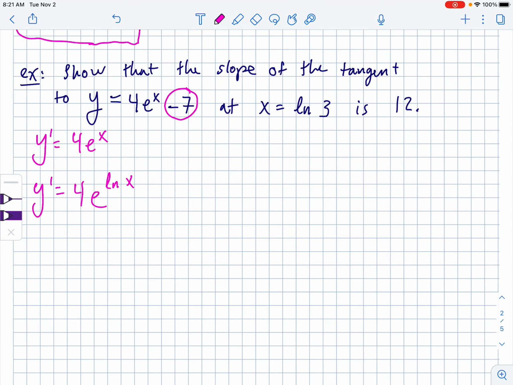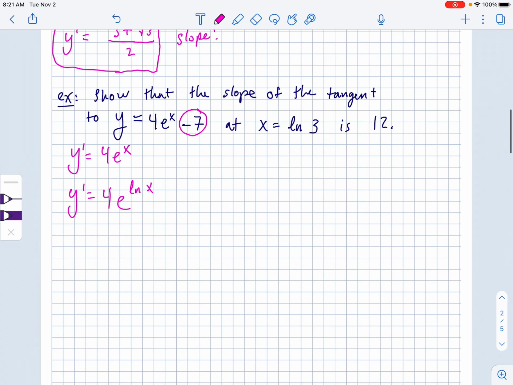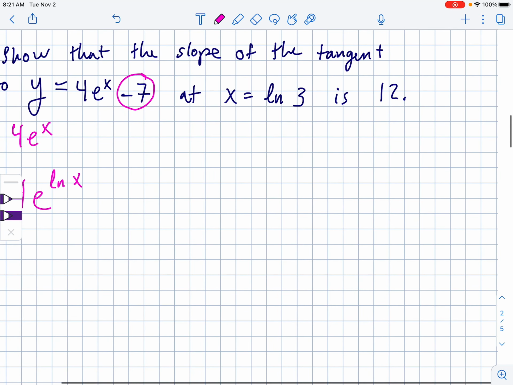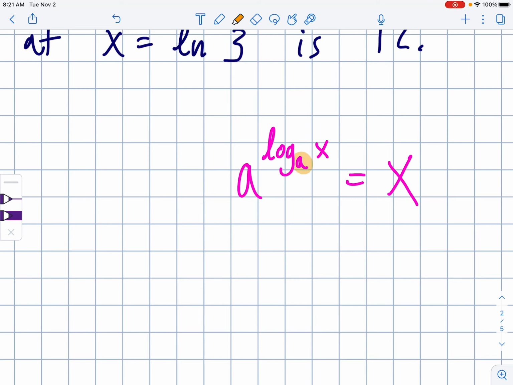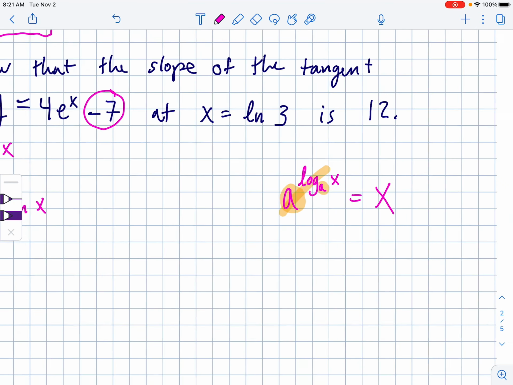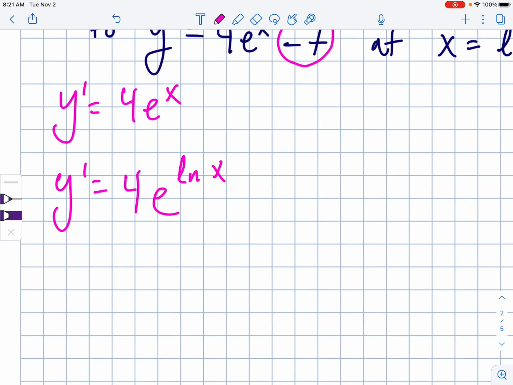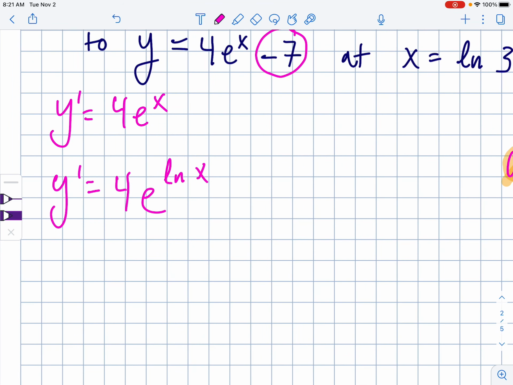Now, there's a property of logs where if you have a log base a of a to the x, this is equal to just x. The thing that matters most is that the base here matches this big base right here. So then you can get rid of those and say that x equals x. What's happening over here, don't forget that natural log is the same thing as log base e of x.